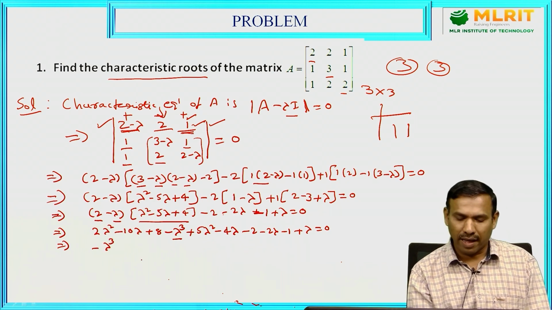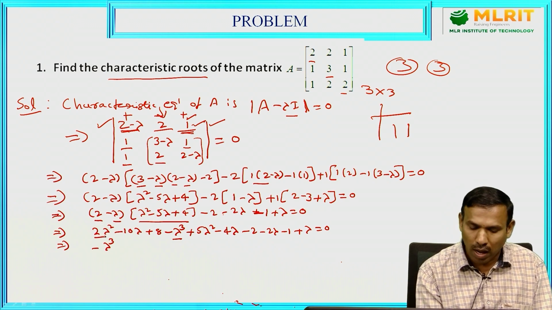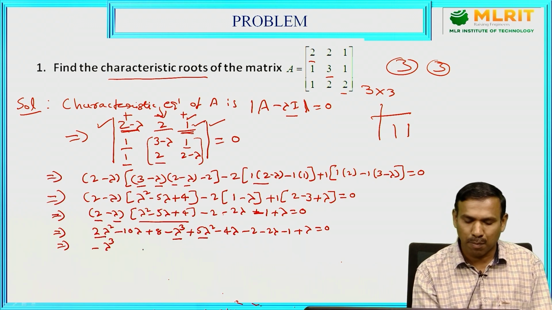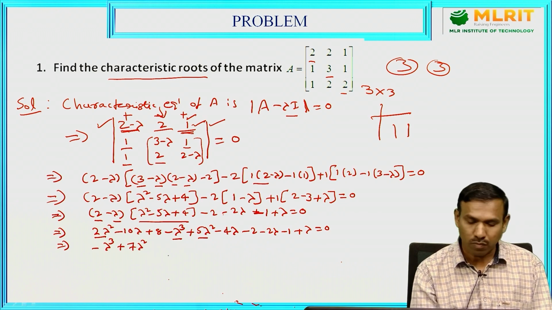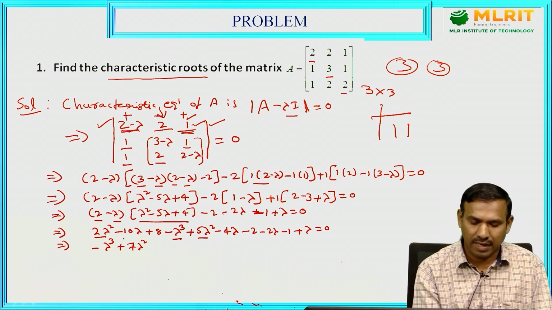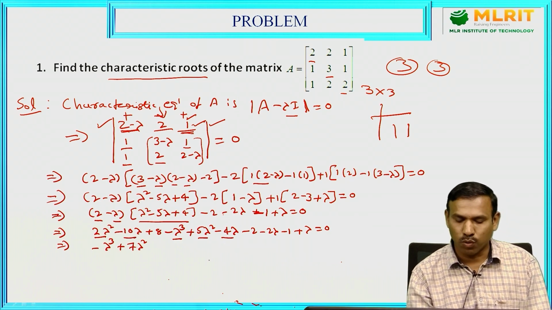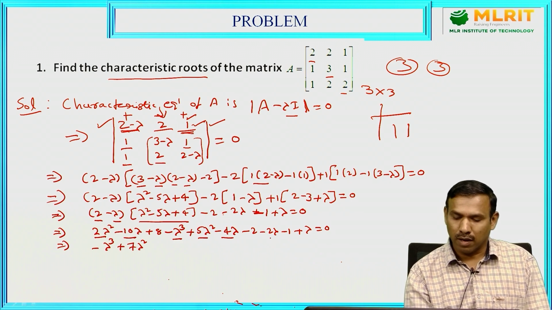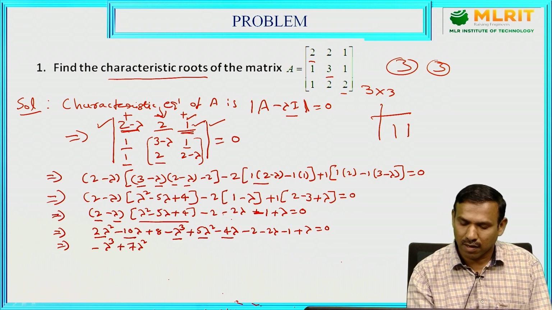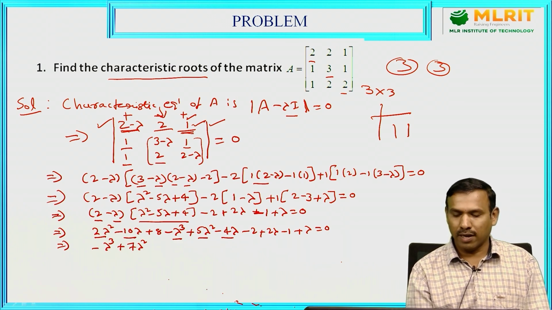Next, lambda square terms. What are the lambda square terms here? 2 lambda square plus 5 lambda square, that is 7 lambda square. Next, lambda terms: minus 10 lambda, minus 4 lambda, that is minus 14 lambda. Next, minus 2 into minus, that is a plus 2 lambda. There is a minus 2 into 1, minus 2, minus plus 2 lambda, this is right.